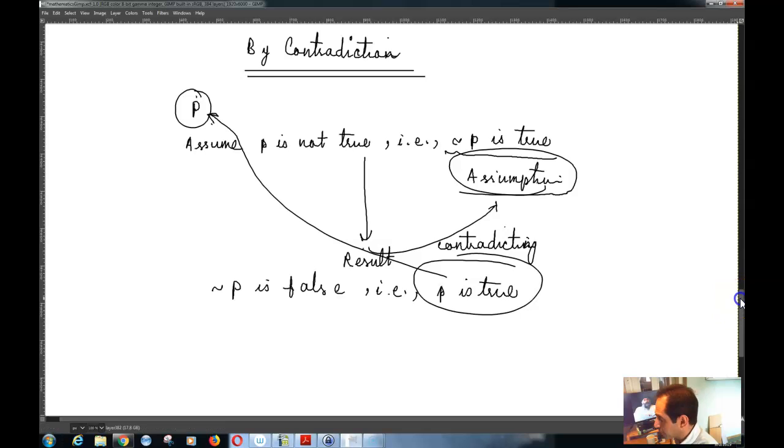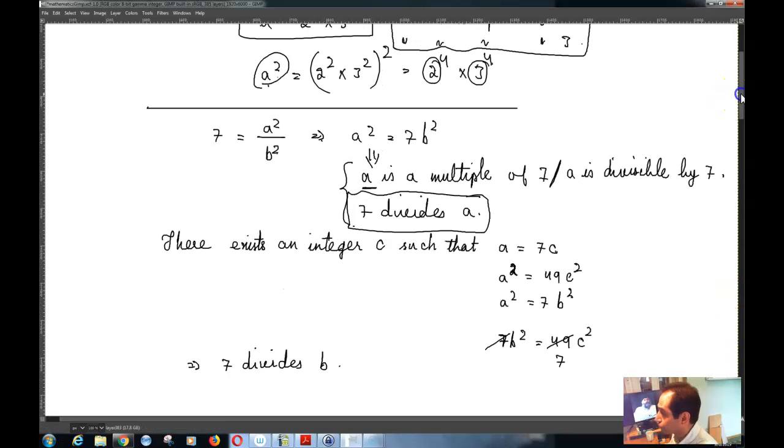So for example, now as an example, I came through one example, but I got kind of interrupted. So as an example, you want to verify by the method of contradiction.